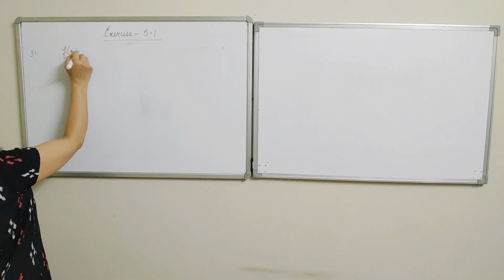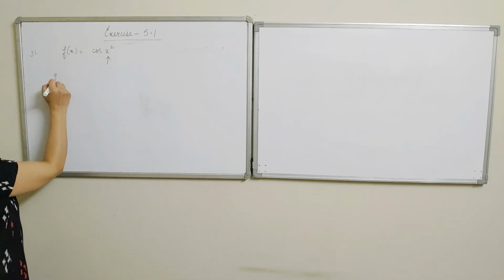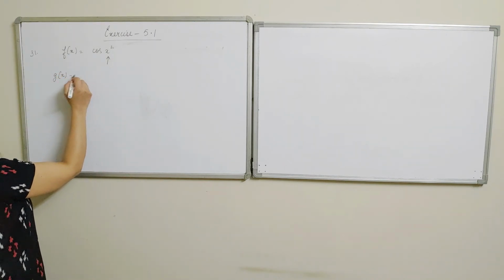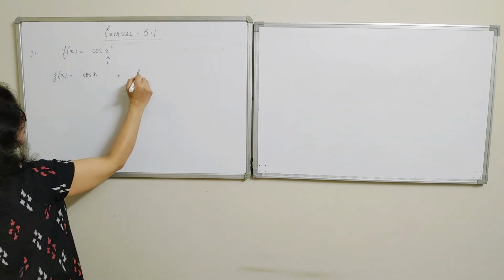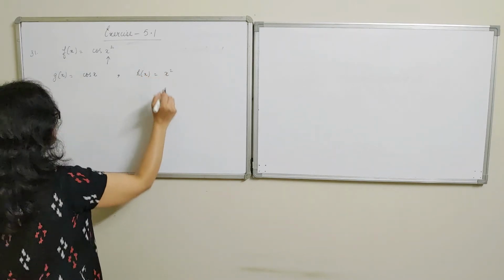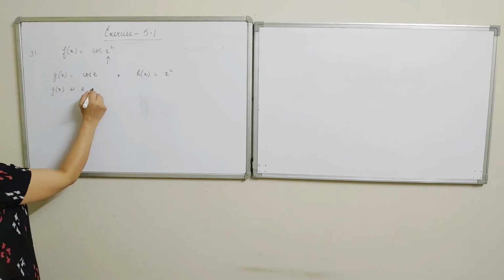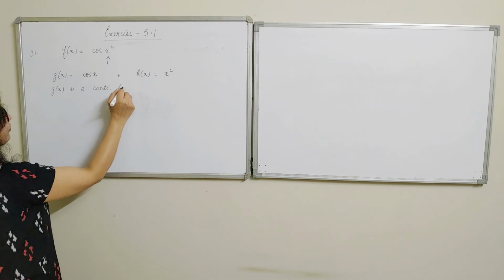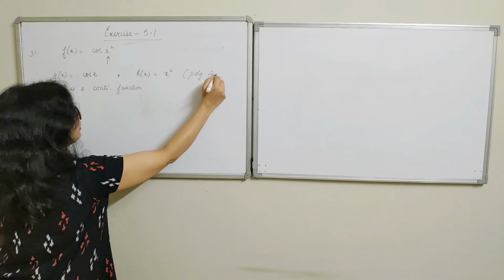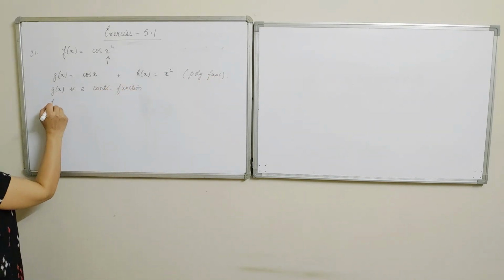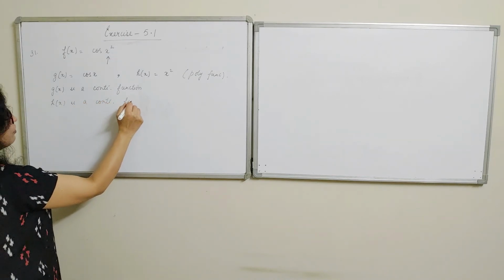The 31st question is defined as cos x square. You can see this is a composite function, hence we can break it into two parts. g(x) is cos x and h(x) is x square. Now g(x), because it's a cos function, is a continuous function. h(x) is a polynomial function, and we know a polynomial function is also continuous. So h(x) is a continuous function.